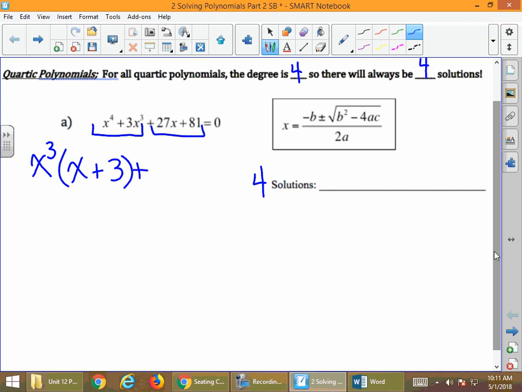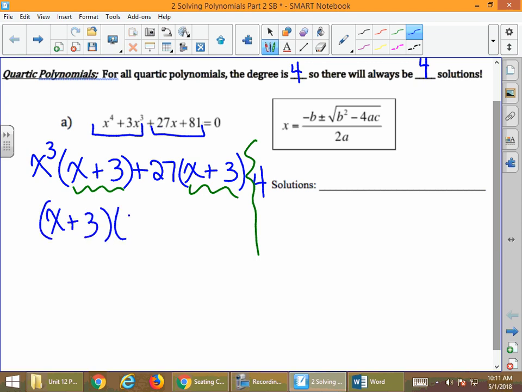Over here in our second group, 27 happens to go into 81. 27x divided by 27 is x. 81 divided by 27 is 3. And what we see here is that we've got x plus 3 from both groups. Let's separate that. So we've got x plus 3, and then we have x cubed plus 27.